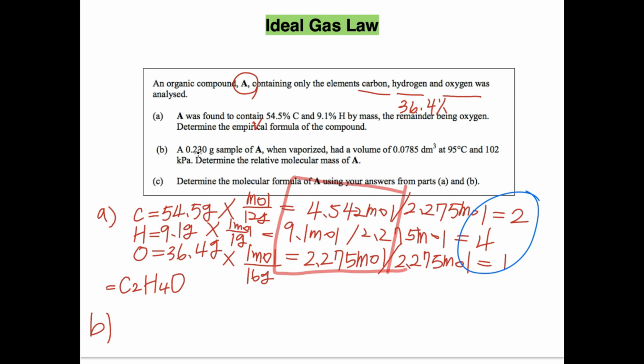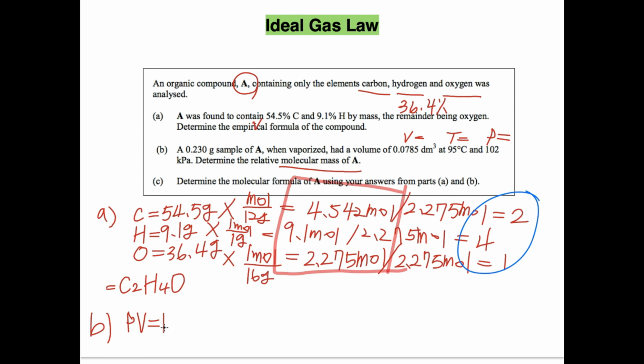Next, a 0.230 gram sample of A when vaporized had a volume of 0.0785 decimeter cube at 95 Celsius, which is the temperature, and 102 kPa, which is pressure. Determine the relative molecular mass, or the molar mass, of A. We can approach this question by the ideal gas law.